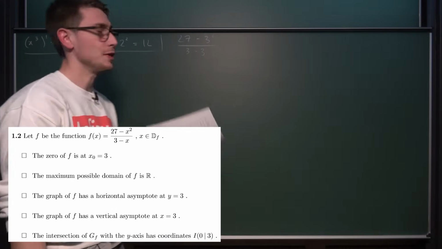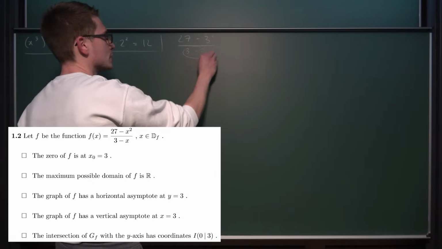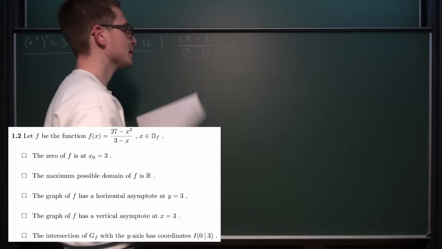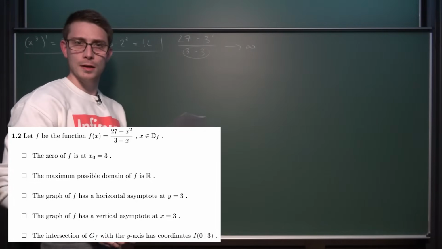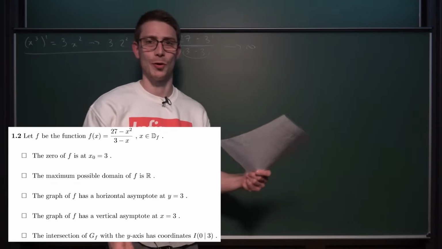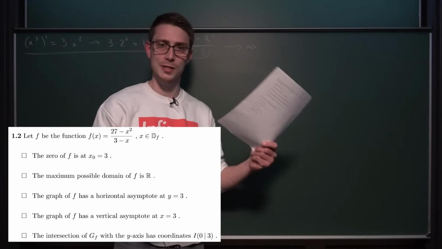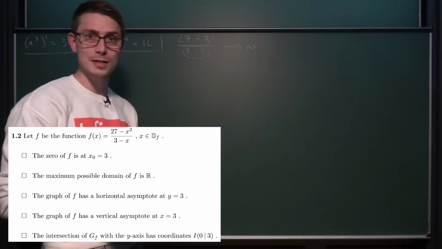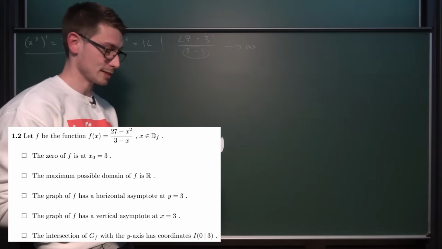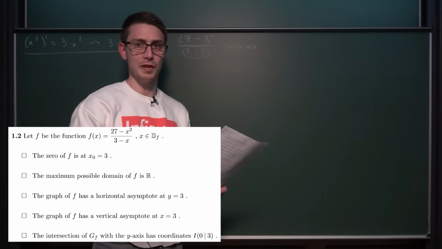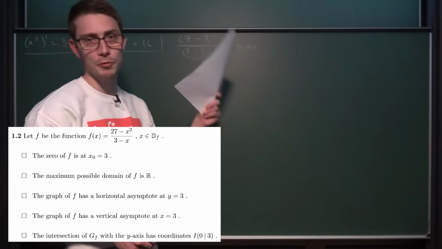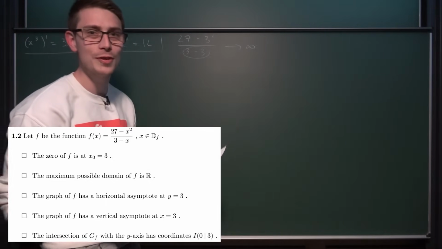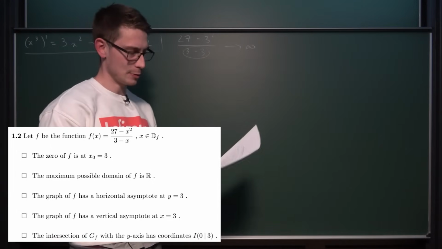Maybe you see a problem here. Obviously, we get a 0 down here in the denominator, meaning the whole thing is going to go to infinity. And I'm a nice teacher overall. I'm very nice. And for the students which are a bit observant, this is going to tell them everything about the exercise. The maximum possible domain of f is the real numbers. Obviously not, because we can plug 3 into here. It explodes to infinity, so we get a singularity here.